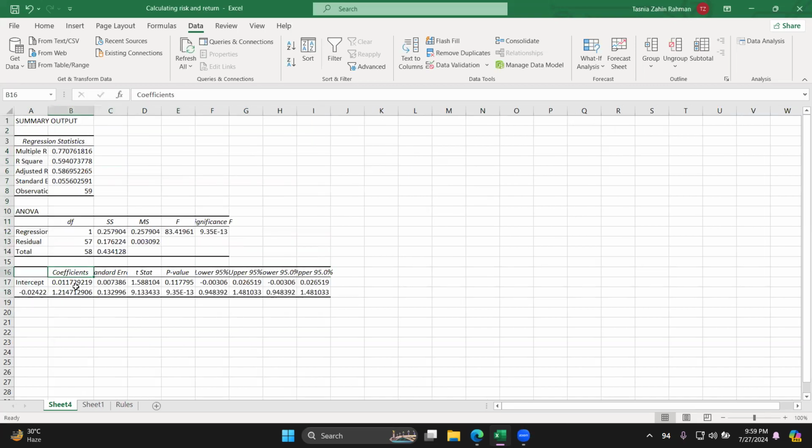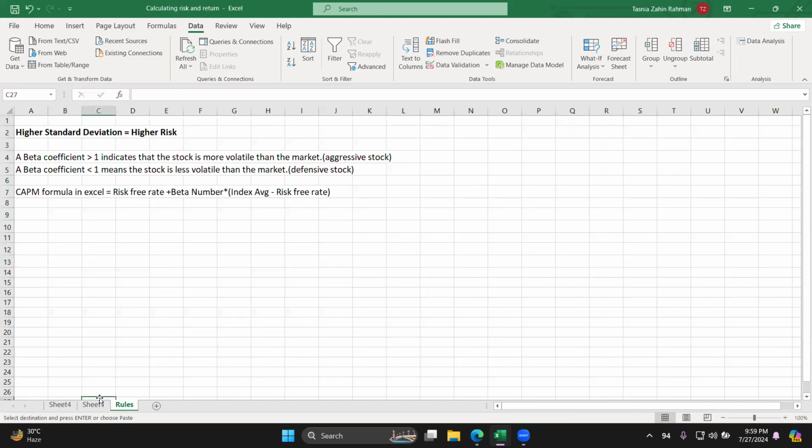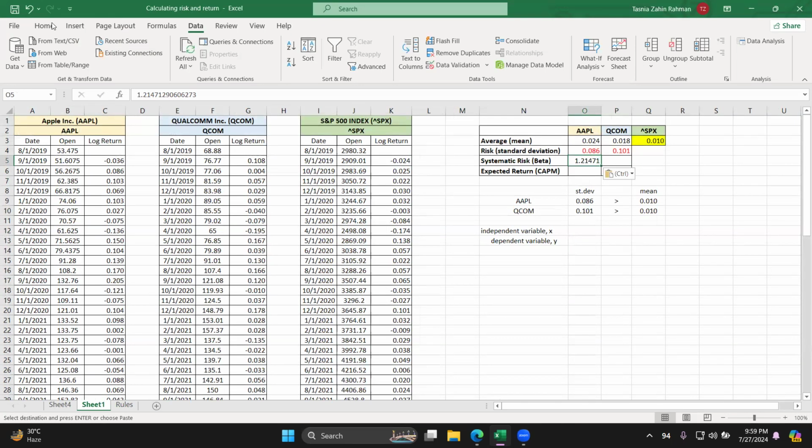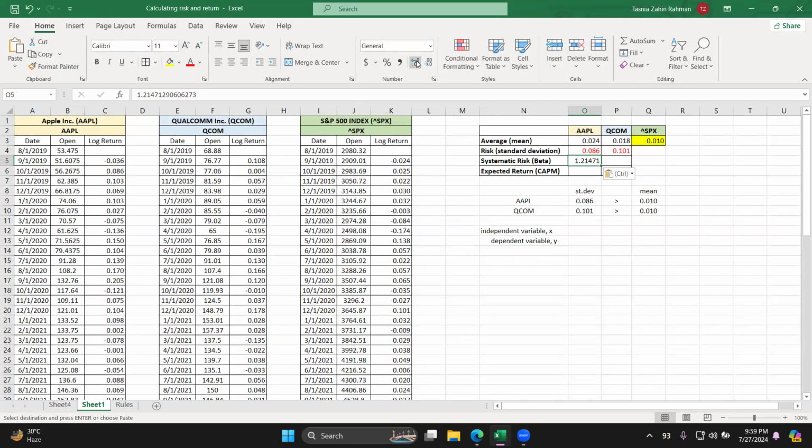Let's see the coefficient here. This is our beta coefficient. Let's copy this. Yeah, this is our beta coefficient for Apple.